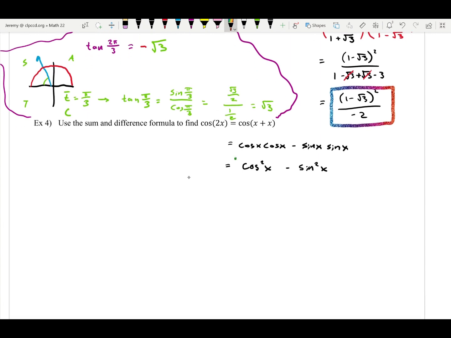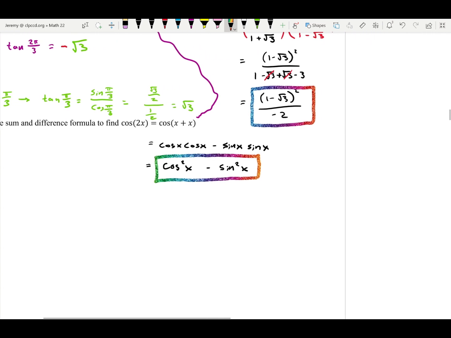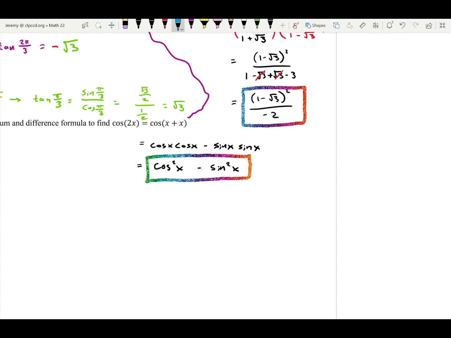And that looks great. I'm going to put a box around that. And this is what we call the double angle formula. So we've derived our double angle formula.